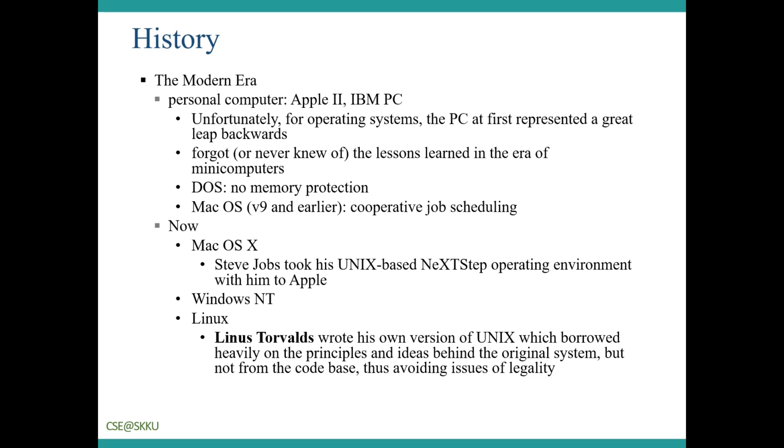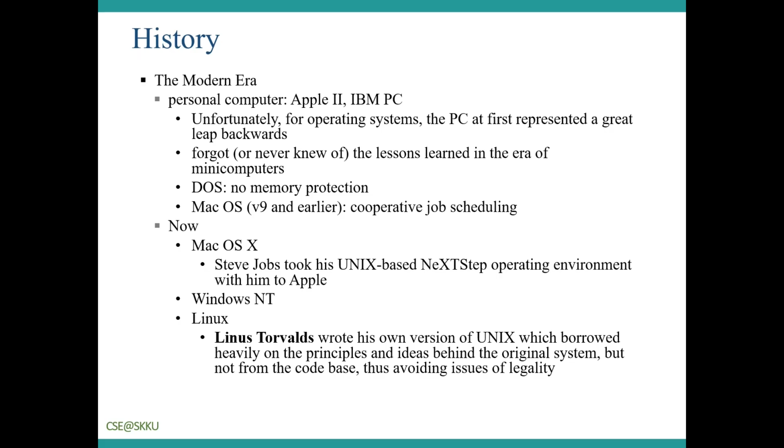A lot of the hard-earned lessons from the minicomputer era were either ignored or forgotten. Take DOS, for example. This is Microsoft's early disk operating system. It didn't even bother with memory protection. So any buggy or malicious app could mess up the memory used by other programs or even crash the whole system.